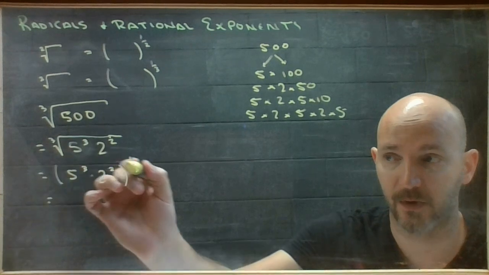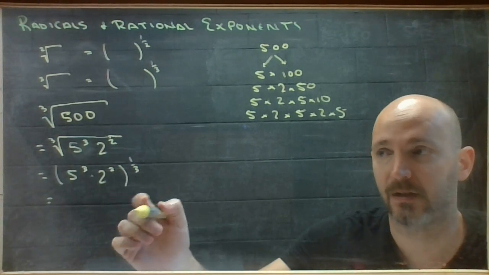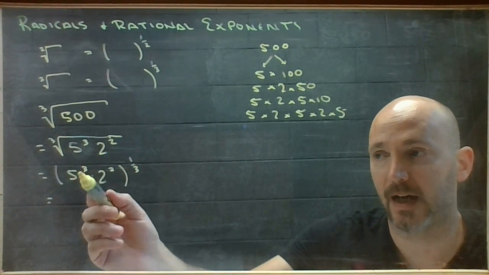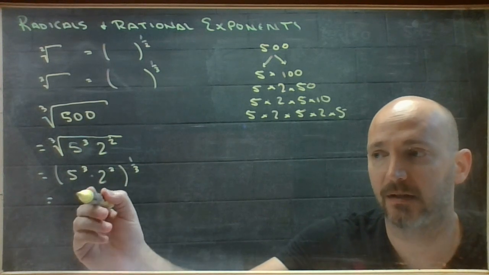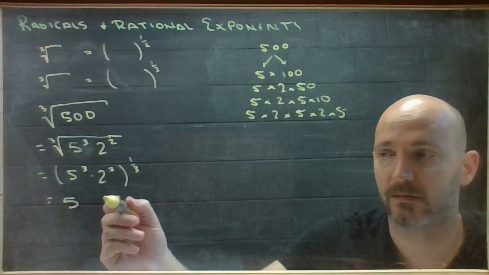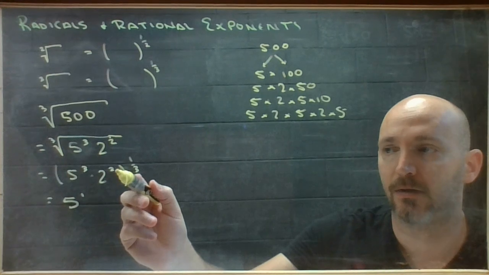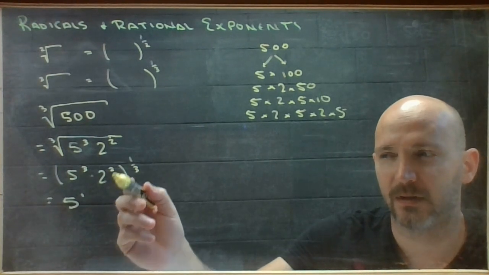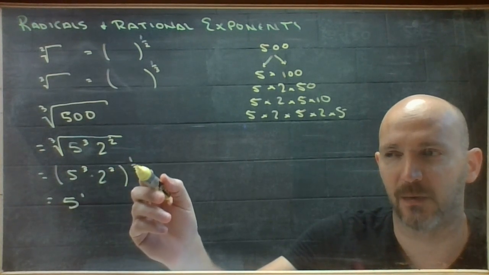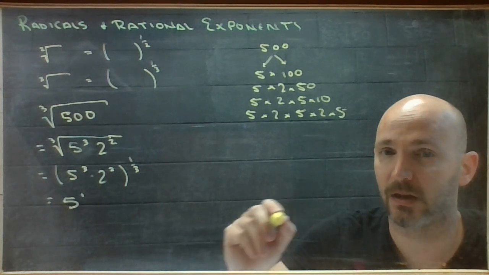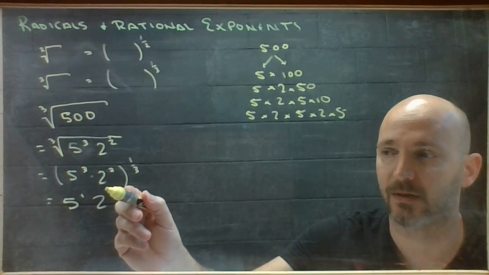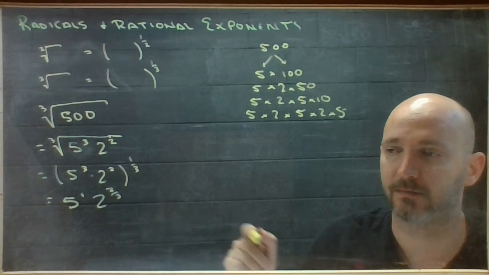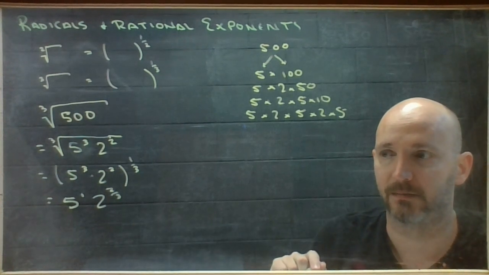If it's a cube root, you use a 1/3 as your fraction. 1/3 acts on this. 1/3 of 3 gives me 1. 1/3 of 2, well that's 2 times 1 divided by 3, and that doesn't go cleanly. So it's going to look like this. Gross.